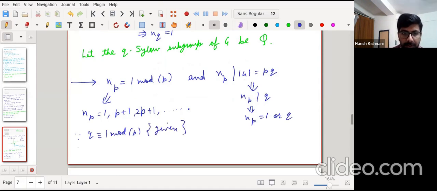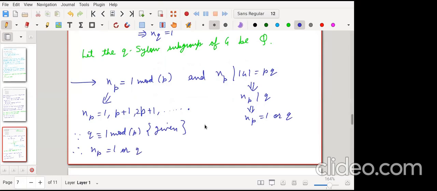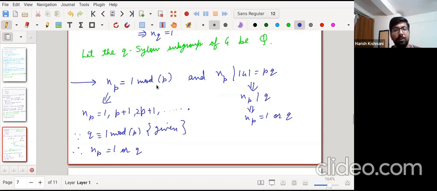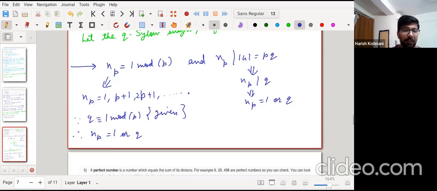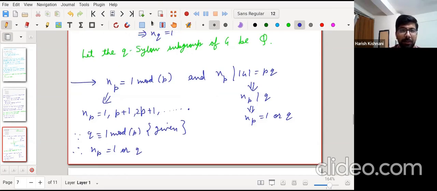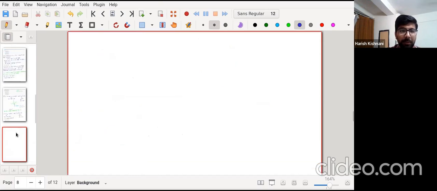Therefore, both the possibilities of NP survive from these facts. So NP is 1 or Q. Here 1 is congruent to 1 mod P and Q is congruent to 1 mod P, so both conditions are okay till now. We need to check separately which condition is creating a problem.